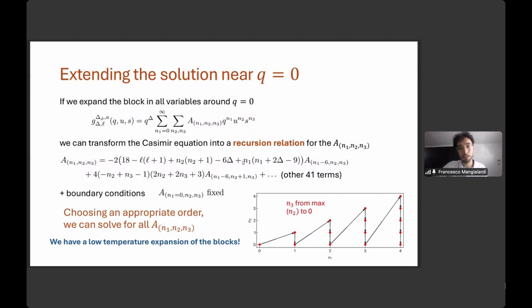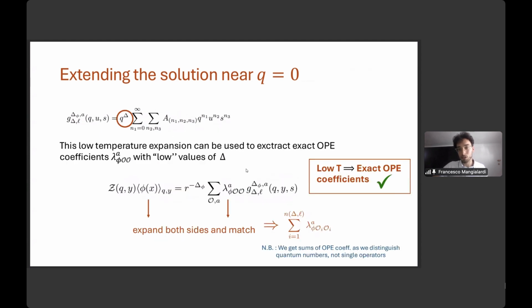They involve many terms. However, by fixing the boundary condition, by imposing compatibility with our choice of basis, and by using a particular order of solution for these recursion relations, we are actually able to solve, in a recursive way, all these coefficients. And so in this way, extract a low temperature expansion for these blocks. This already solves, in some sense, half of our problem.